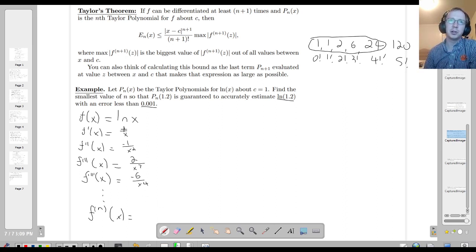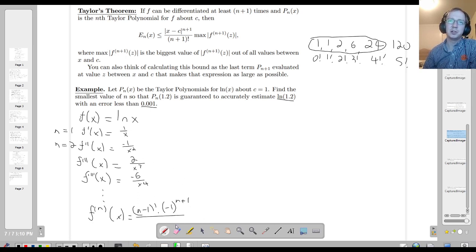So I've got a factorial, but looking here, this is n equals 1, this is n equals 2, so it's not n factorial, it's actually n minus 1 factorial. It also flip-flops between positive and negative. When n is equal to 1, I've got a positive. When n is equal to 2, I've got a negative.